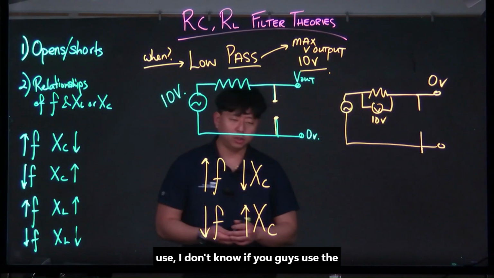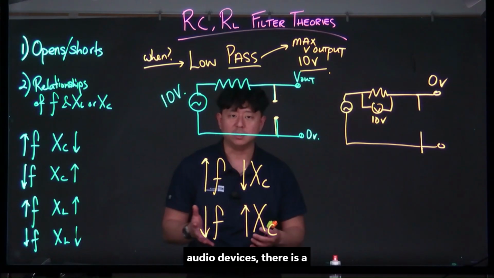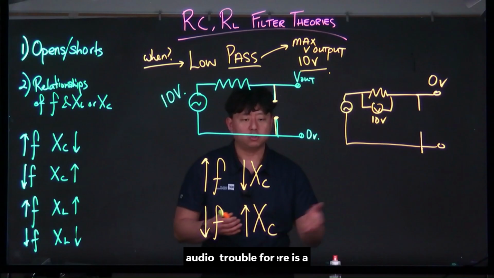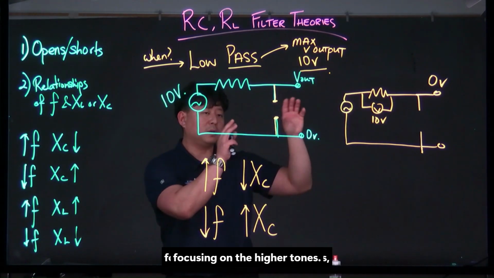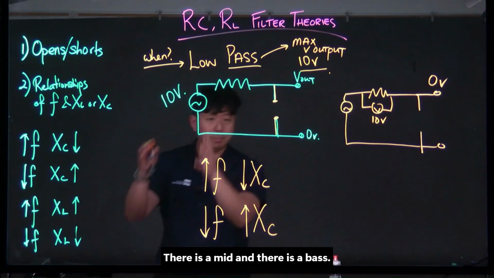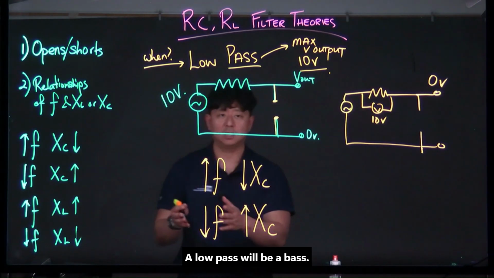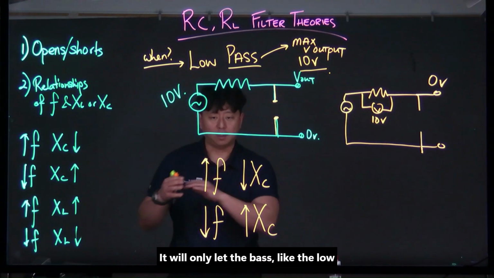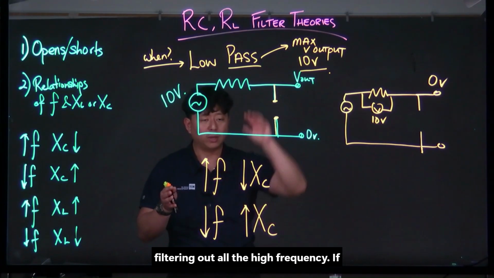So if you were to use, I don't know if you guys use the equalizer on your phone or any other audio devices, there is a treble for focusing on the higher tones. There is a mid and there is a bass. A low pass will be a bass. It will only let the bass, like the low tones, come through, and then it's filtering out all the high frequency.